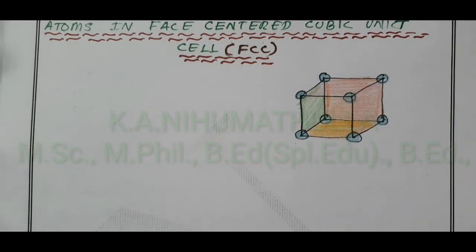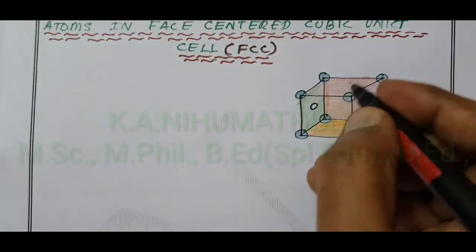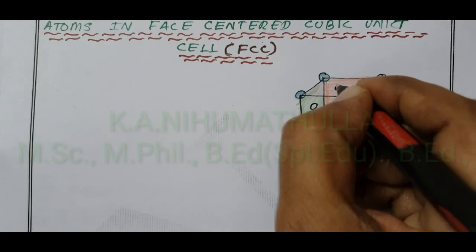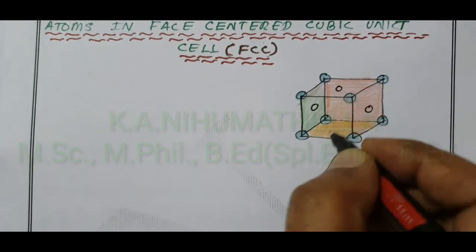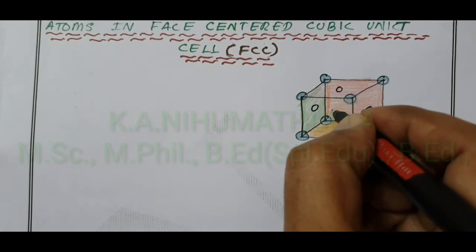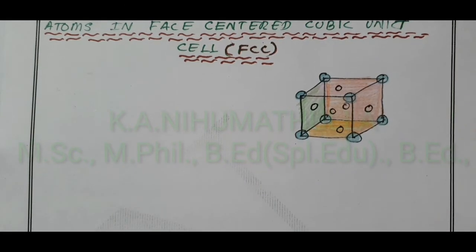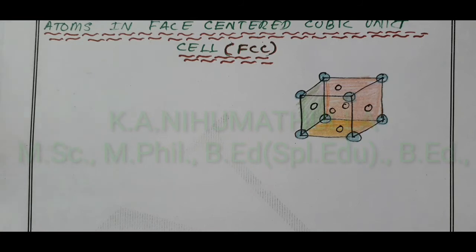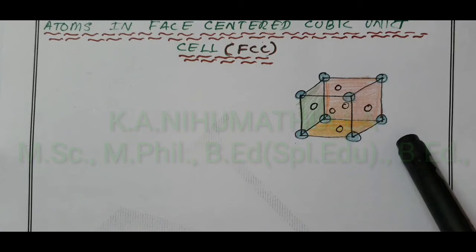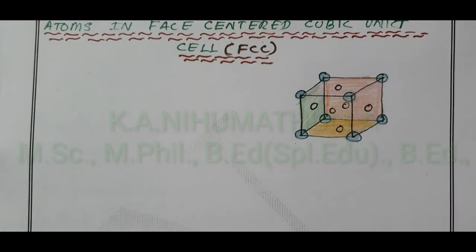On the left hand side, one face atom is present. This is a face centered atom. Then the top square, the right hand side one sphere, then the bottom, front square and back square. Each atom present in the corner touches the face centered atoms. Total number of atoms are 8 in the corner and 6 in the faces.